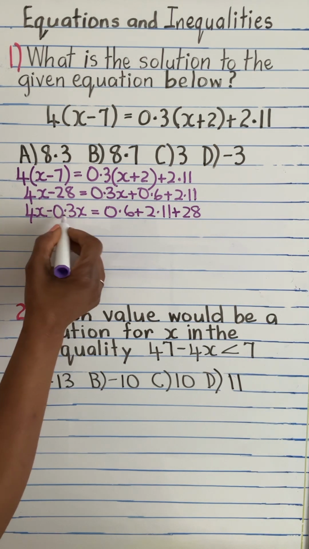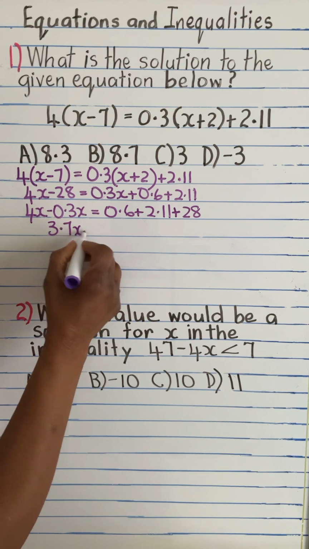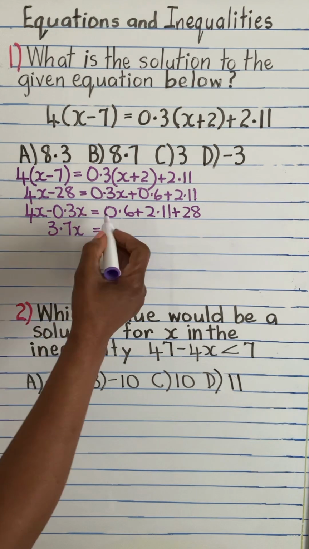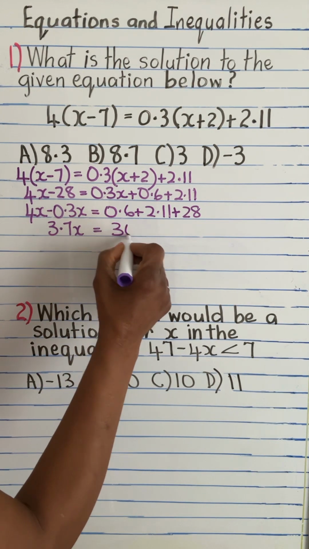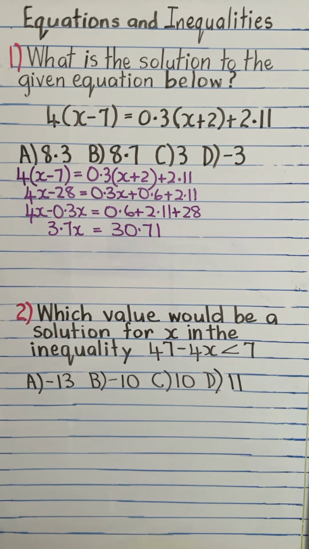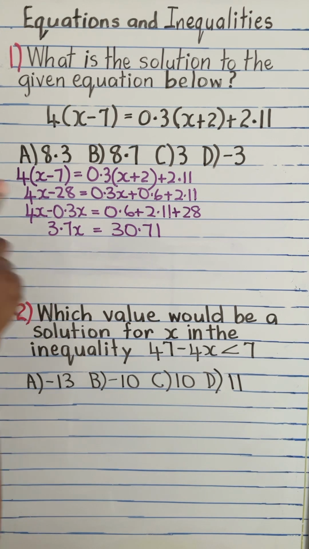4x minus 0.3x, 3.7x is equal to 30.71. Now we need to get rid of this 3.7 because we need to find x.